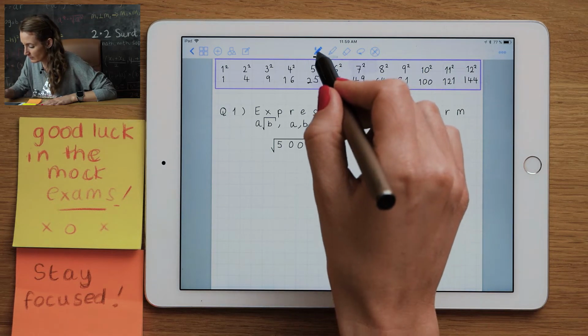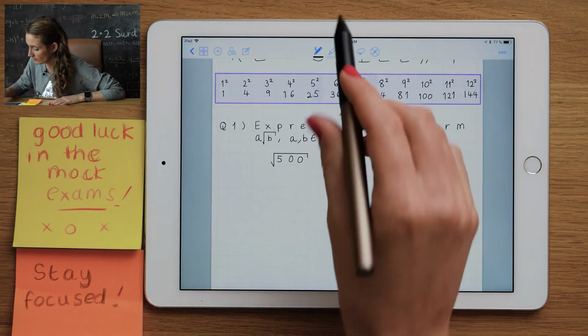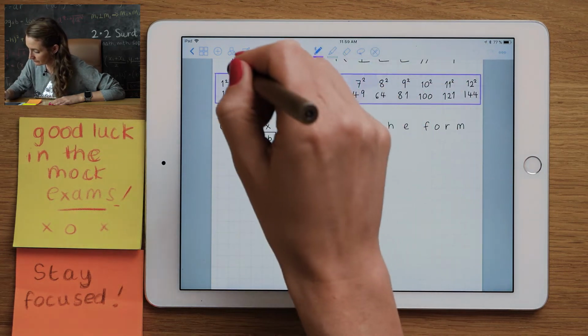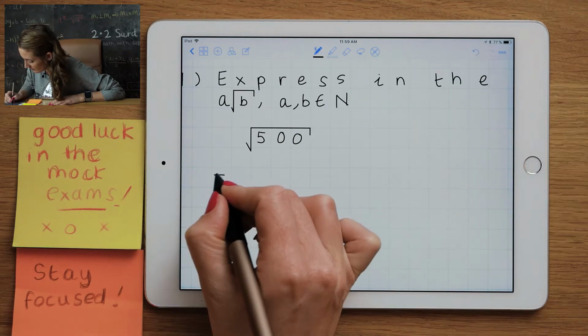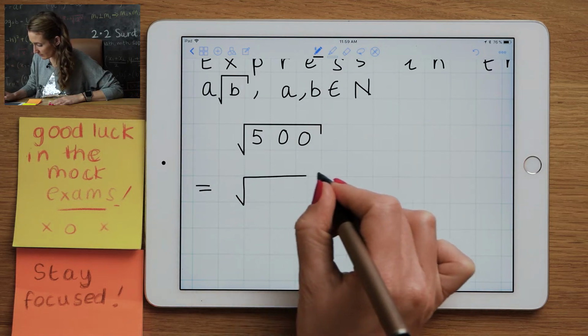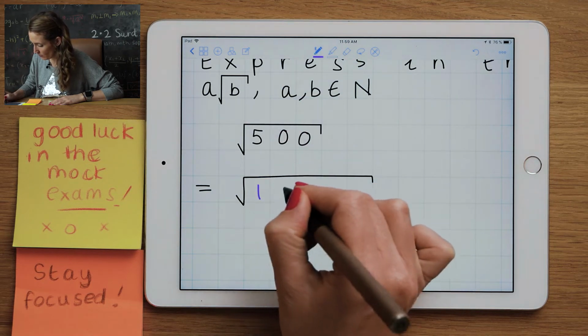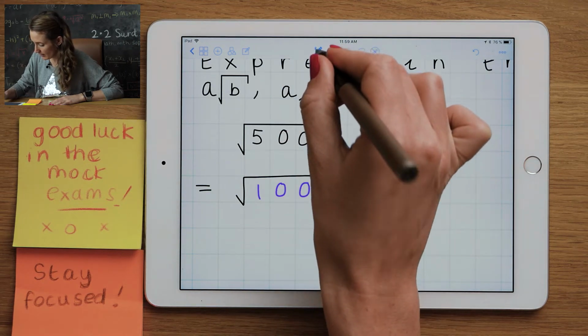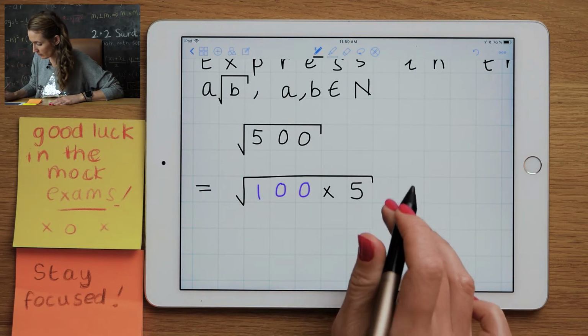So in this instance, because 500 can be divided by 100, that's one of my square numbers. I can start the question by simply rewriting 500 as a square number, so I'm using 100, and it would be 100 times 5 to make up 500.